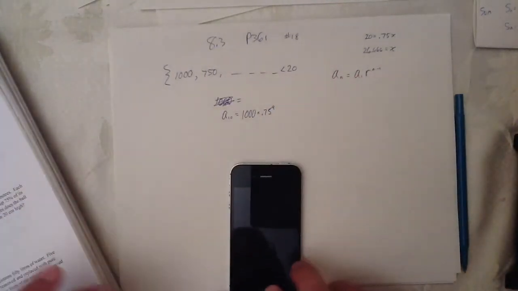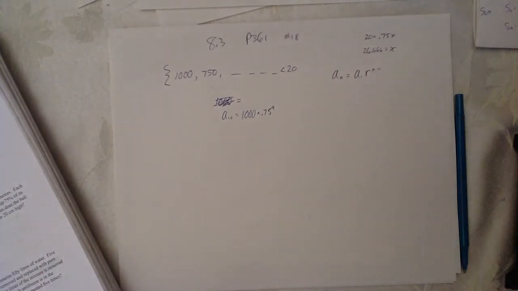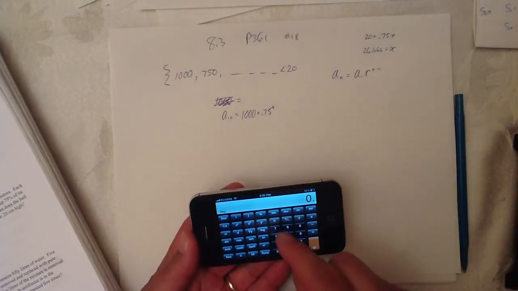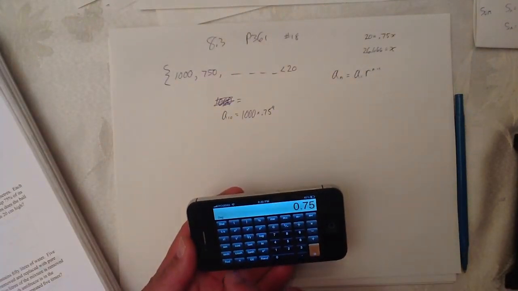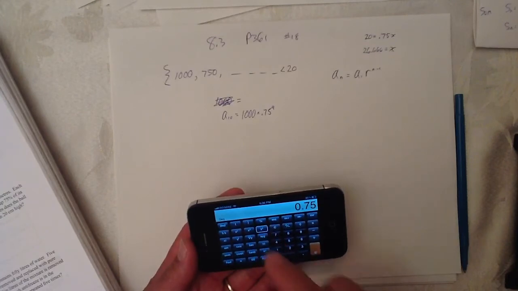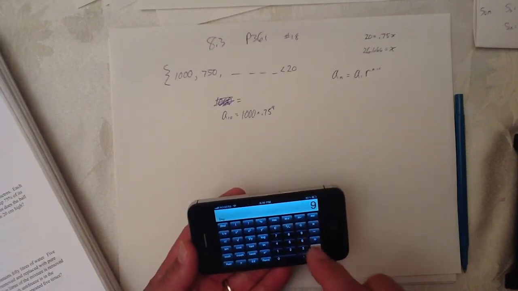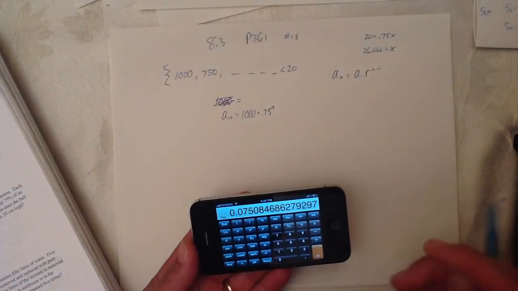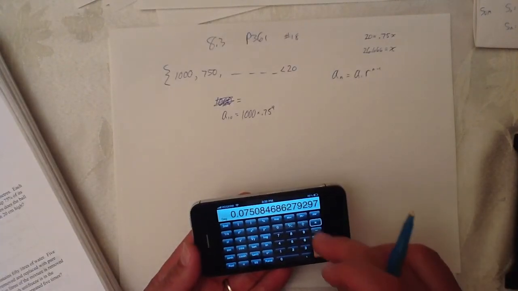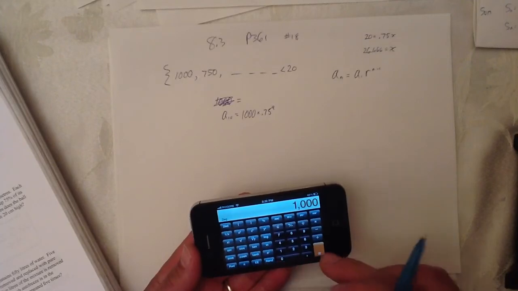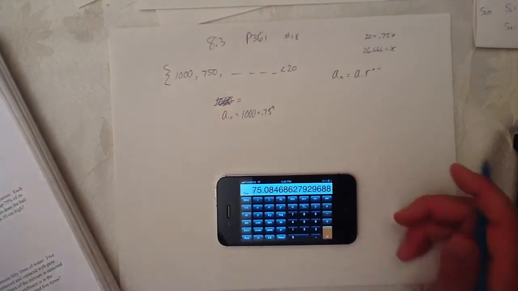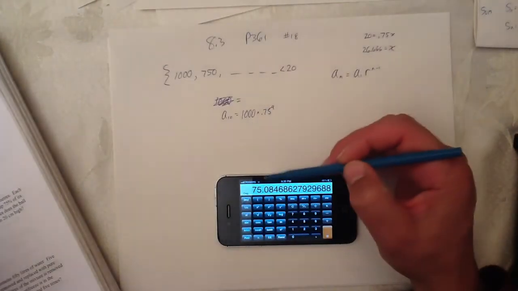Well, let's try that out. 0.75 to the 9th equals 0.07508, times 1000 equals 75. So it's not going to be 10.